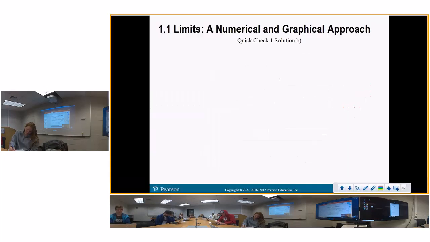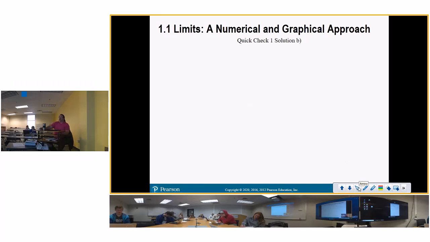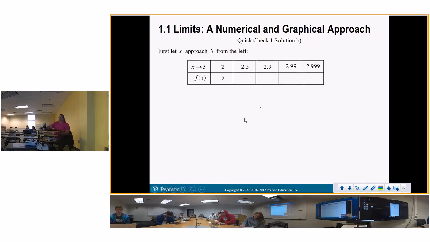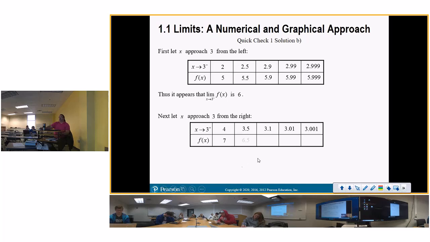Let me go here. And what they're doing now is showing you what's happening. You can fill this out if you want to. Put this in your notebook. Basically, they're showing you that there's an open circle on the graph. As x approaches 3 from the left, you get 5, you get 5.5, you're getting toward 6.